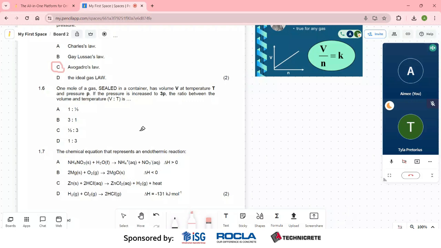Okay, so 1.6, 1 mole of a gas sealed in a container has a volume V at temperature T and pressure P. If the pressure is increased to 3P, the ratio between the volume and the temperature is.